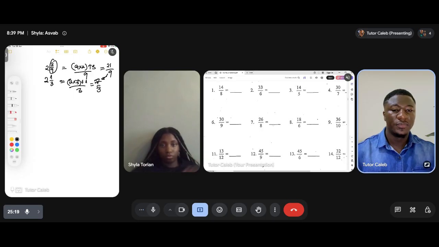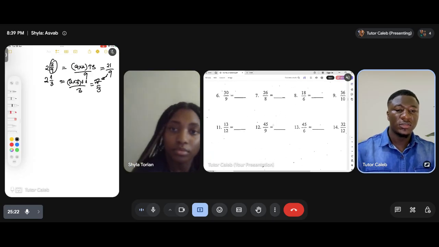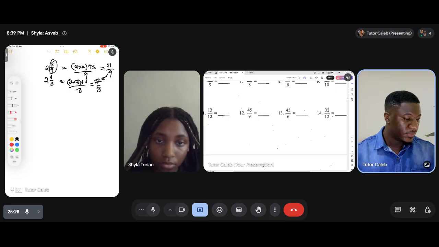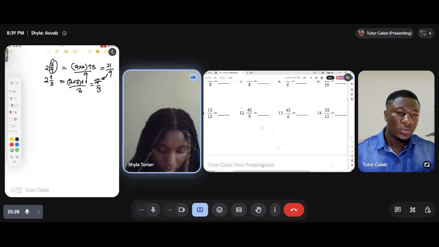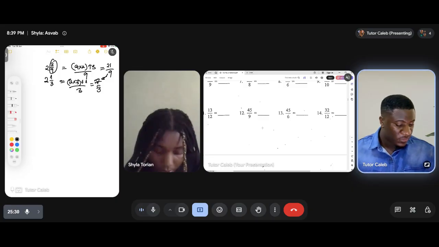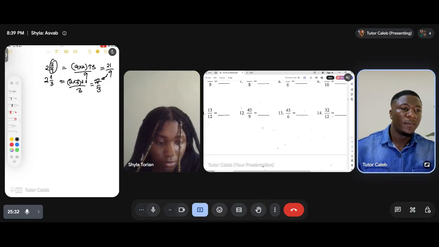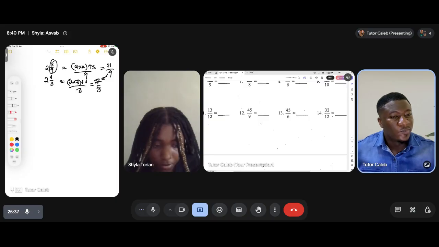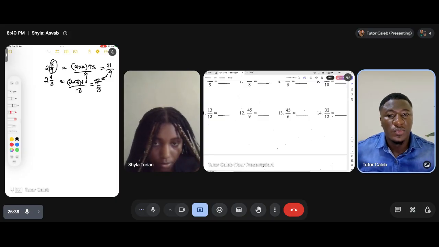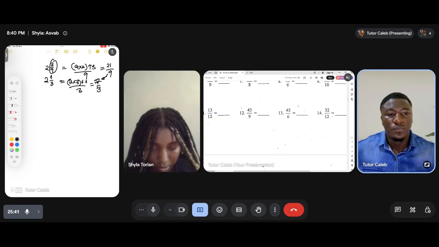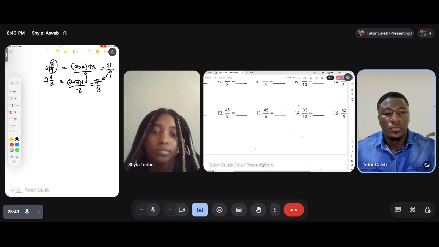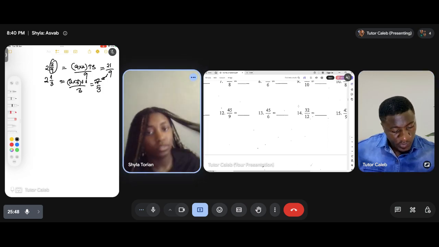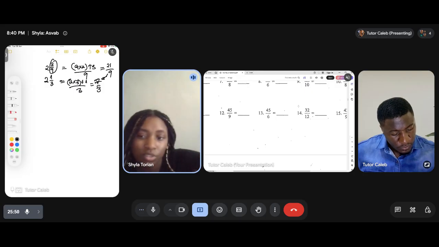Let's try. I want you to reduce these fractions from question 12 to question 14. Not reduce, but to convert them to mixed fractions, I meant to say. So number 12 is 5?